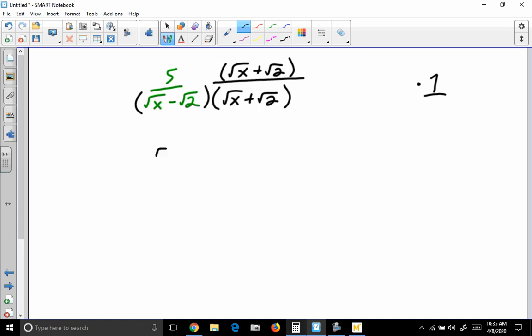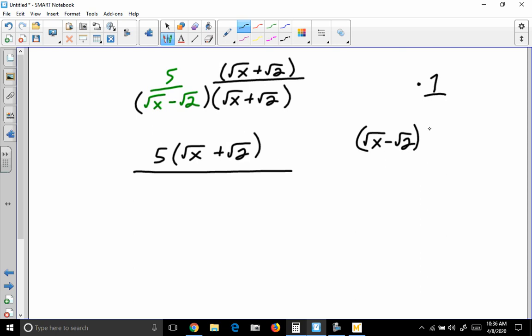So on top, nothing will really benefit us by multiplying the top out. So we're just going to leave it factored. And then we're going to multiply the bottom out, because when we multiply the bottom out, it will simplify. So we're going to do this times that.